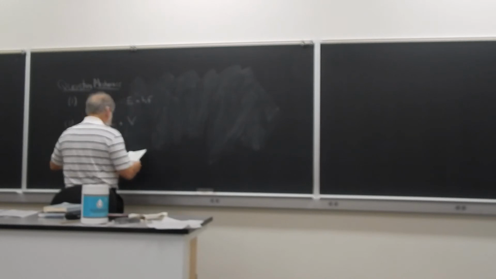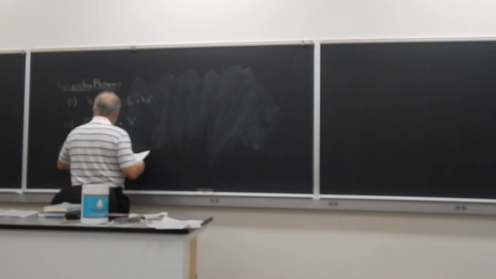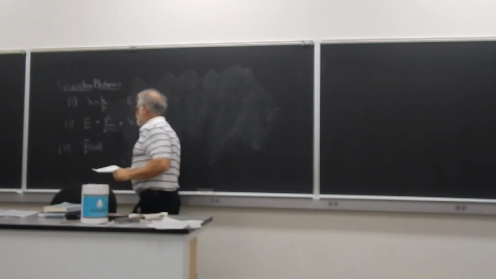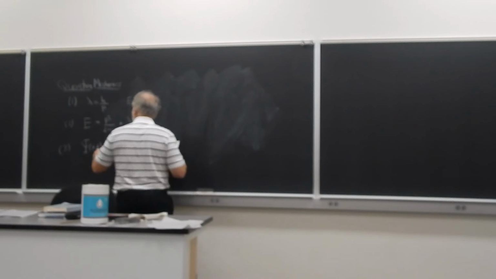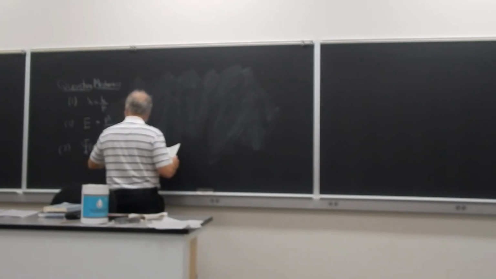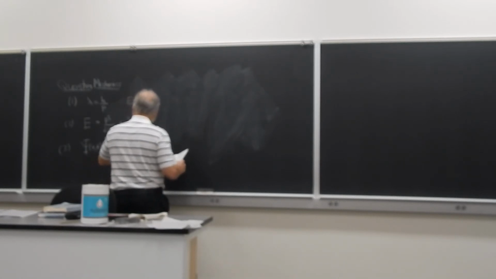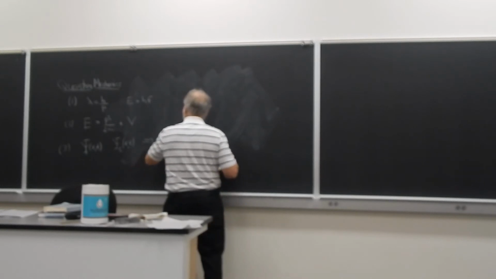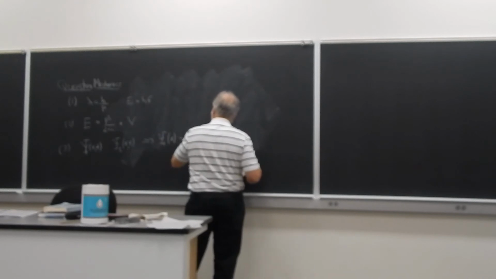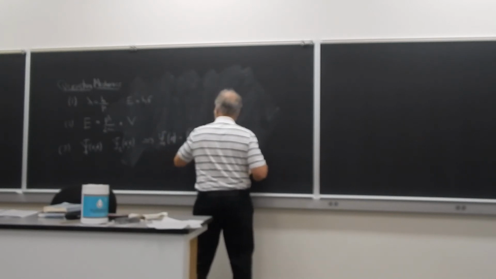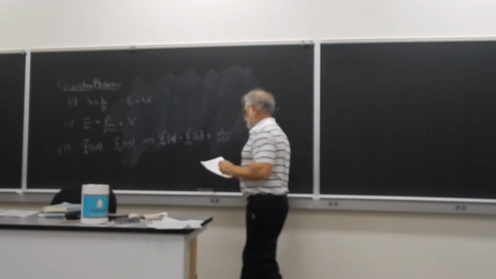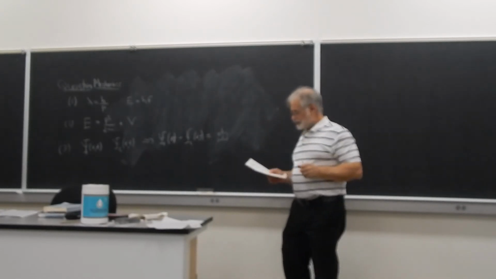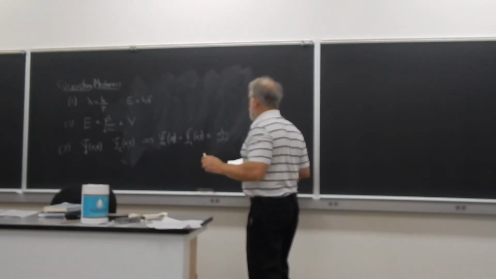Thirdly, it must be linear. So if psi of x and t is my wave function, it has to be such that if psi 1 of x and t is a solution, and psi 2 of x and t is a solution, it must be that the sum of psi 1 and psi 2 are also solutions to the wave equation, and any linear combination thereof.